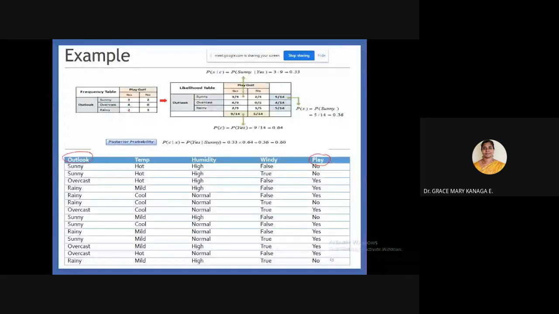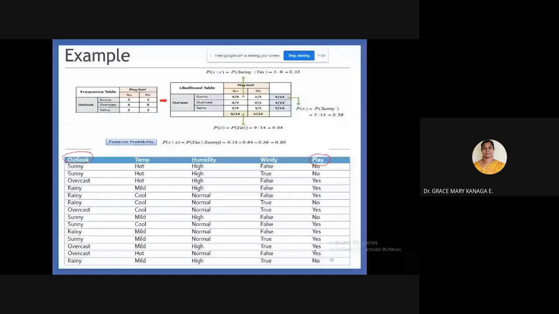See this table and tell me. 9, ma'am, yes is there. 9 out of 14 there. How many yes? 1, 2, 3, 4, 5, 6, 7, 8, 9. So this is 9 yes.